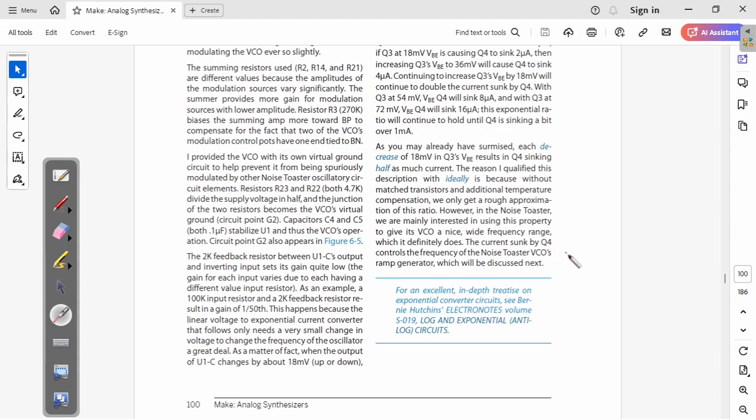I don't know if you're familiar with it, but it's very popular within the analog synth community, apparently. And it's volume S019. You can download it. It's about log and exponential circuits. Exponential is also known as anti-log circuits. We're going to look into this because it's very well explained how it works.